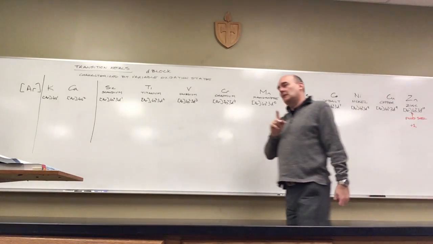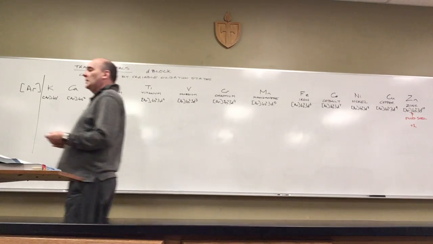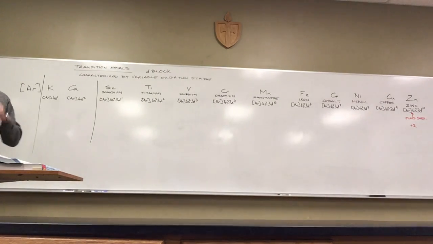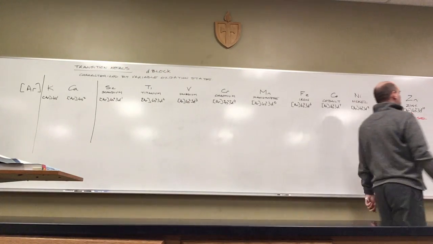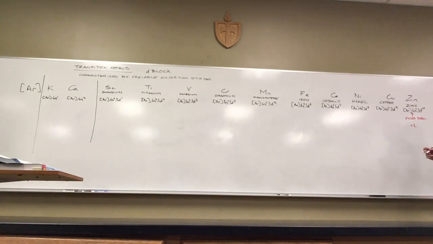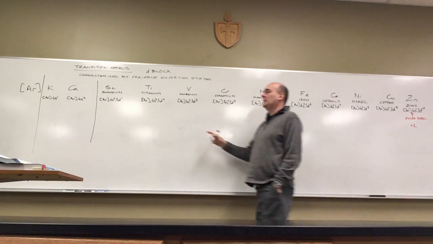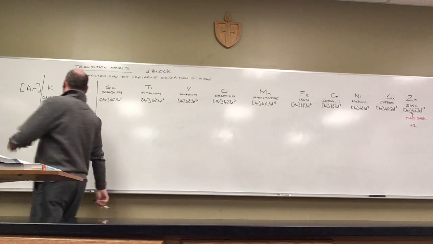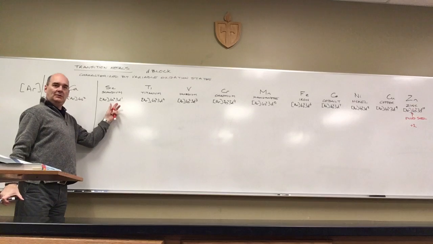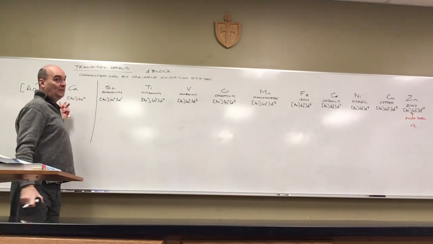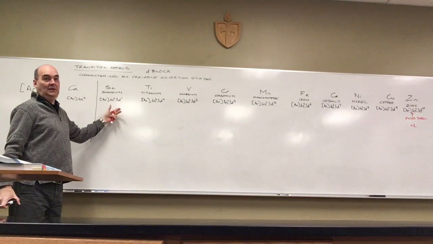All of the transition metals have an available oxidation state of +2, because somewhere it was told to you that when you fill the orbitals, you fill the 4s before you fill the 3d. 4s goes in ahead of the 3d.